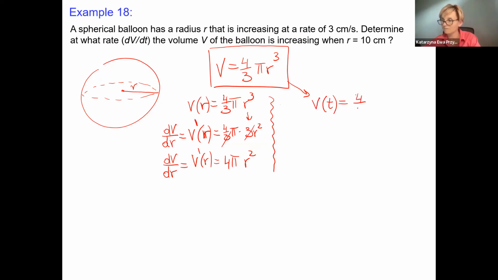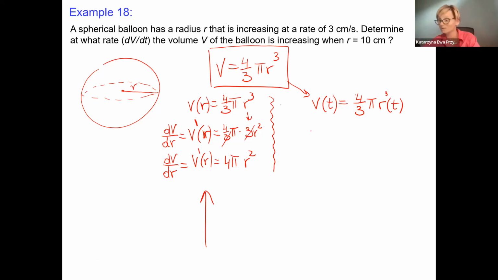It's still the same formula, because you may notice here we didn't use the chain rule, because we just have the independent variable, r cubed, and the derivative of r cubed is 3r squared. That's it. But this one is r cubed, but r depends on time. That means it's an inner function.